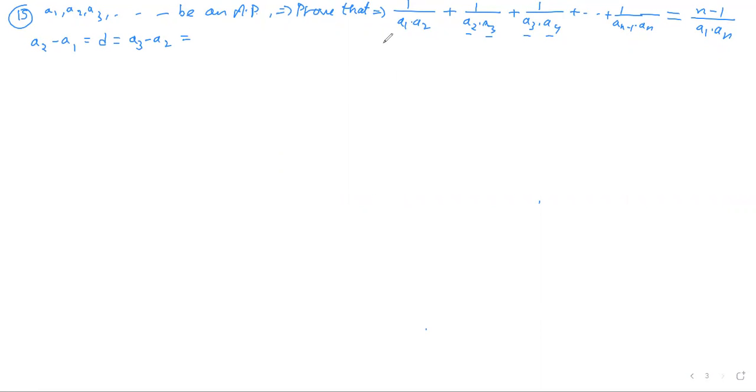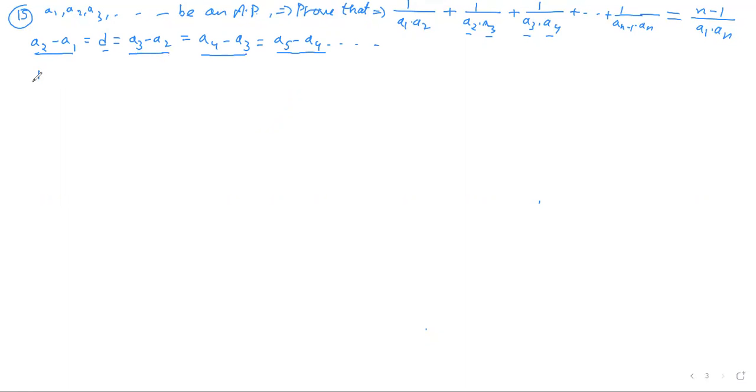Then a4 minus a3 equals a5 minus a4 and so on. So the common difference is a2 minus a1 equals a3 minus a2 equals a4 minus a3 equals a5 minus a4.